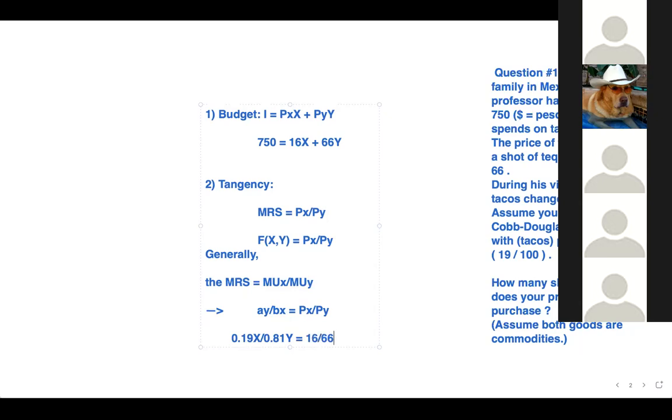So these are our two simultaneous equations, that one and this one. And then we just use substitution and elimination, and we find the X and Y that satisfies both of them. And that's our X star and our Y star. So the alpha Y over beta X, sorry, I typed it wrong. Alpha Y over beta X.